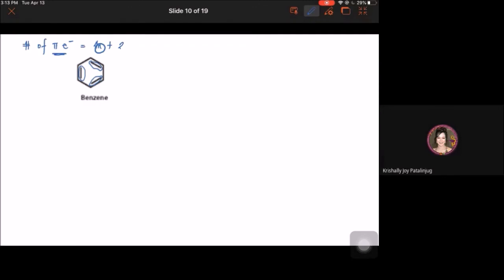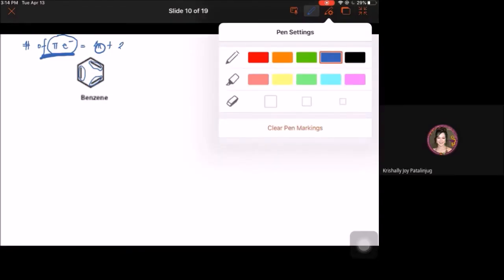Question: how many pi electrons are in benzene?